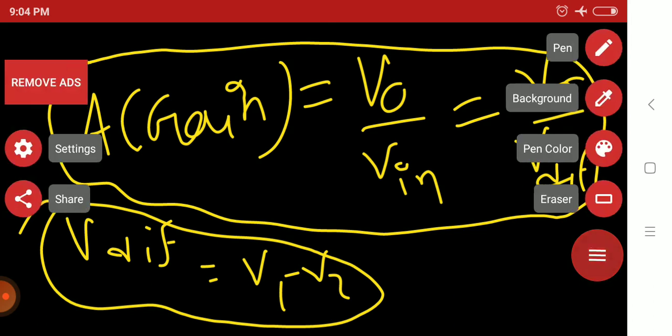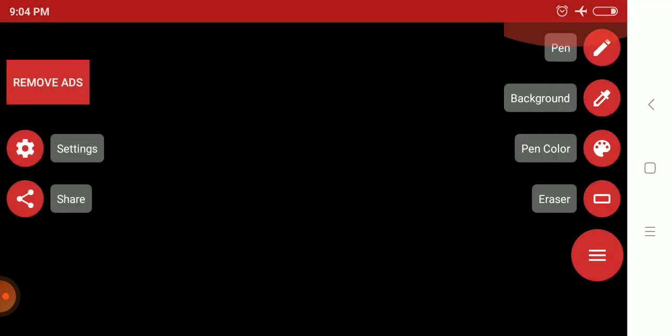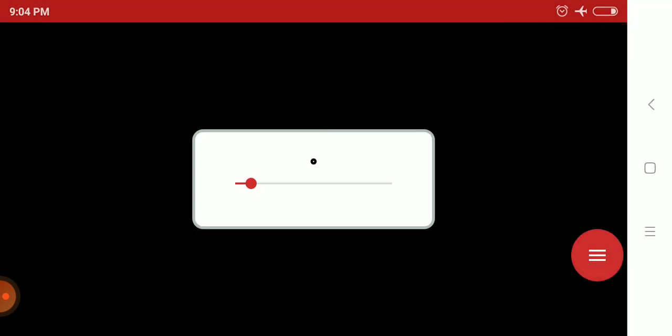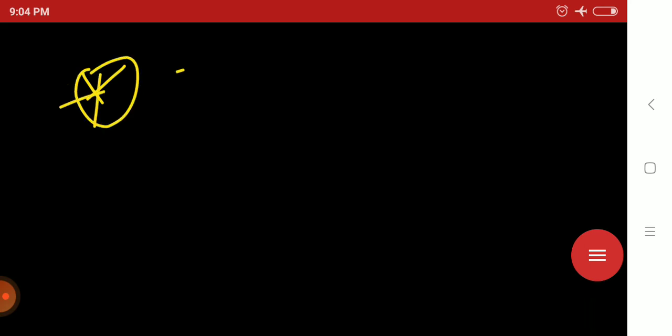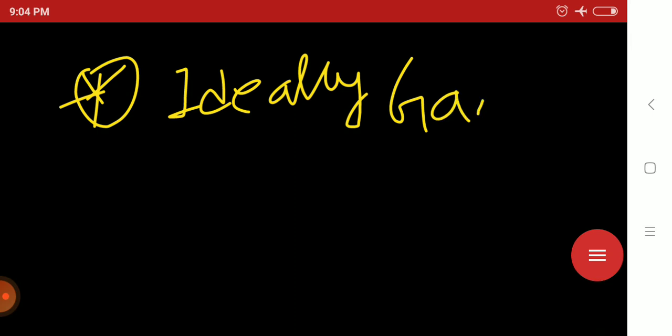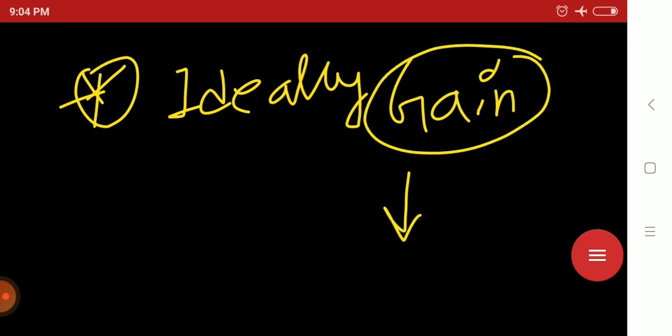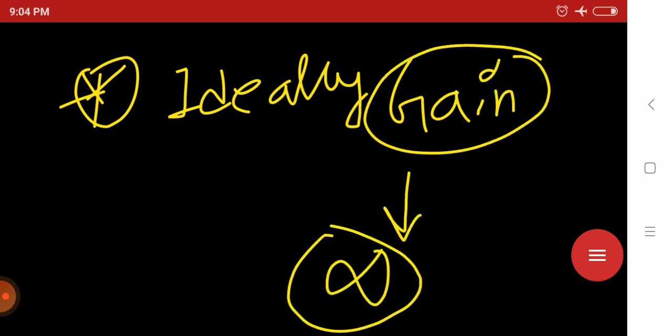Now one interesting thing I'm going to do. Ideally, another property is that the gain of an op amp should be infinity. Yes, ideally the gain of an op amp should be infinity.